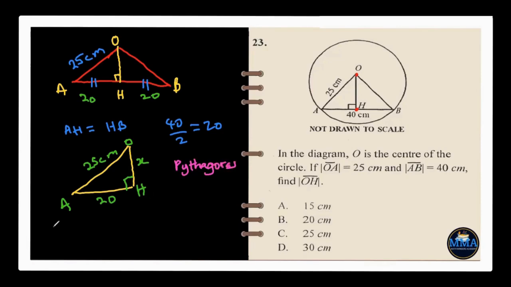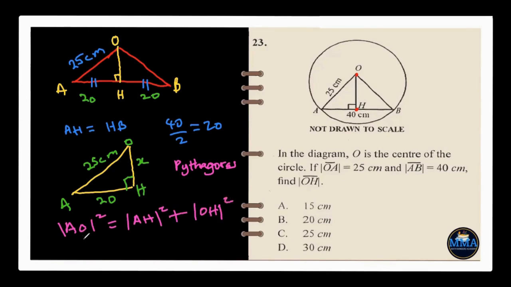So Pythagoras says that the square of the hypotenuse, that is OA squared, is equal to AH squared plus OH squared.